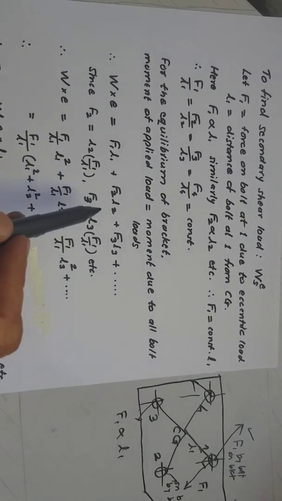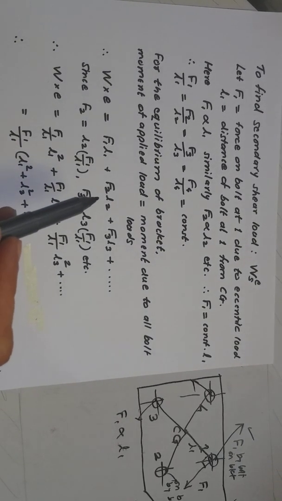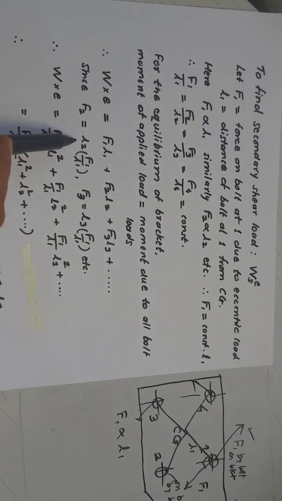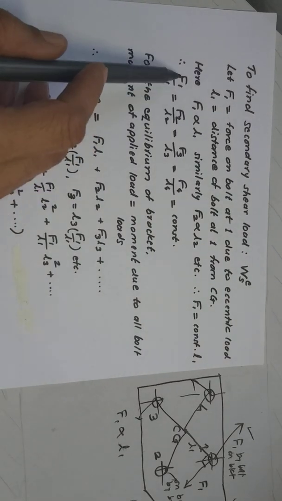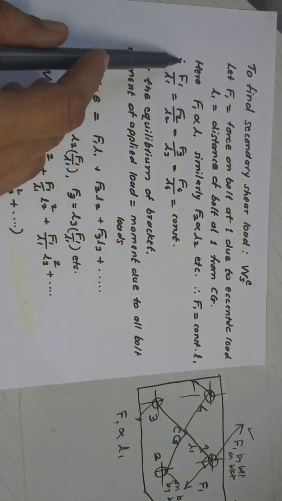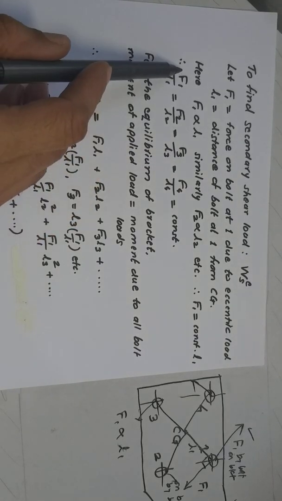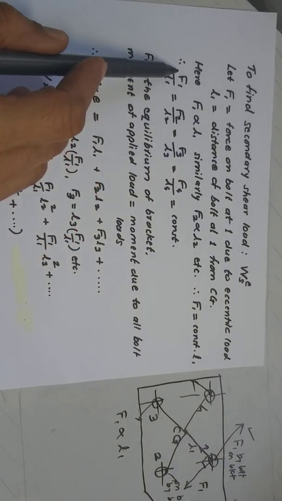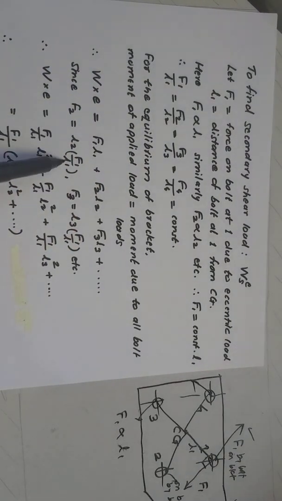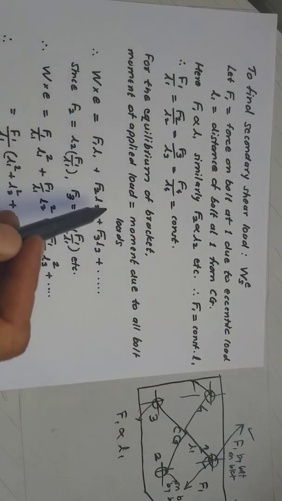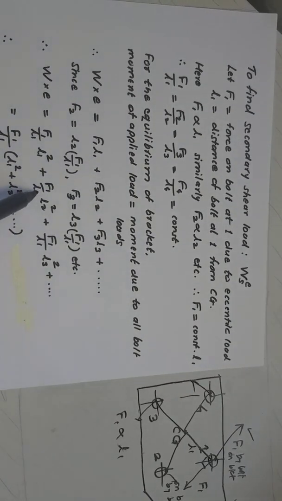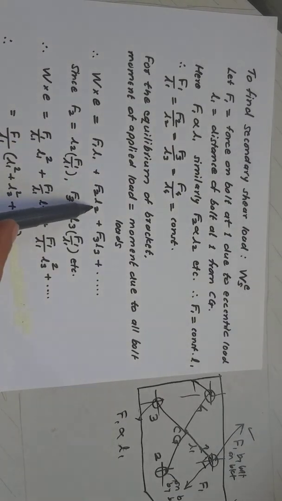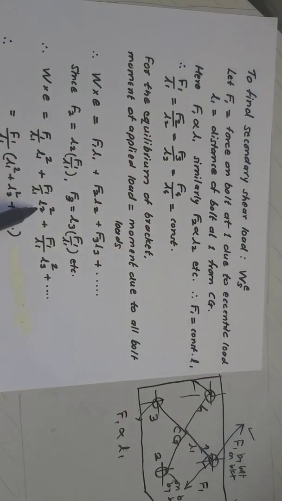Now we are going to replace F2, F3 and so on. What is F2? F2 is F1 upon L1 into L2. What is F3? F3 is again F1 upon L1 into L3. What is F4? Again F1 upon L1 into L4. So we replace F2 by this. When you do that, we write F1 upon L1 into L2, and there is already one L2, so it becomes F1 upon L1 L2 square.